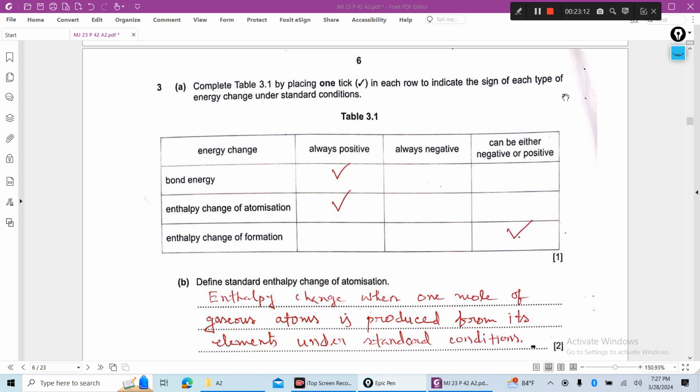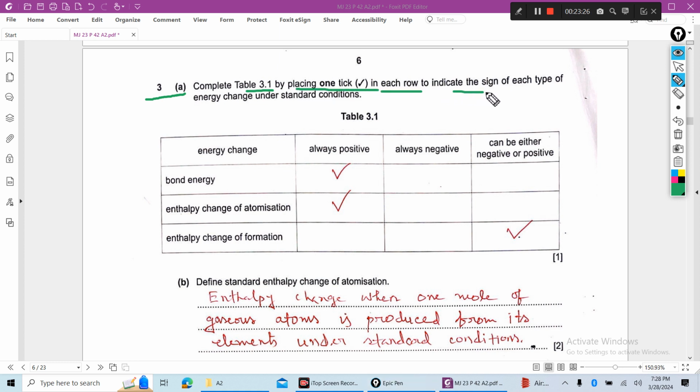Let's move. Okay, now number 3, complete table 3.1 by placing one tick mark in each row to indicate the sign of every type of energy change under standard conditions. Energy change always positive, always negative, can be either negative or positive.